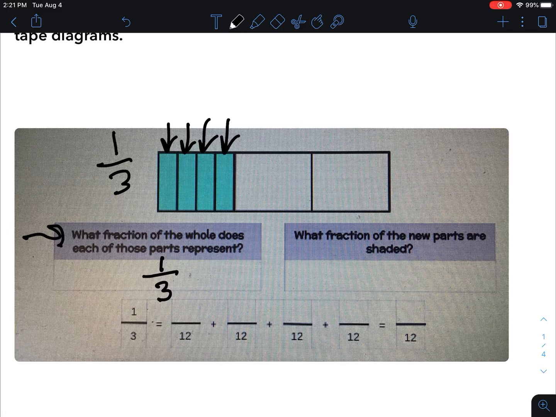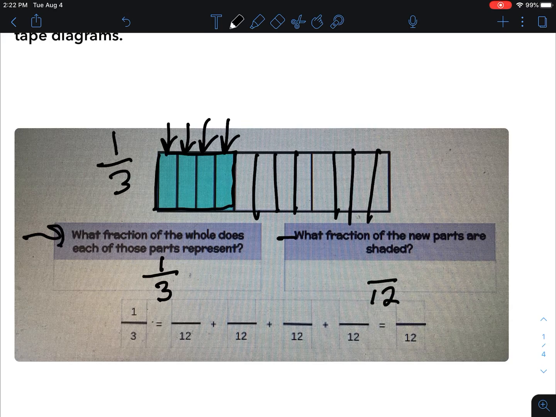So notice one big rectangle is divided into 4. You would have to do that with the rest of the pieces. So now, what fraction of the new parts are shaded? Now you have to count up all the parts, which are 12. The good thing is it's going to tell you down here.